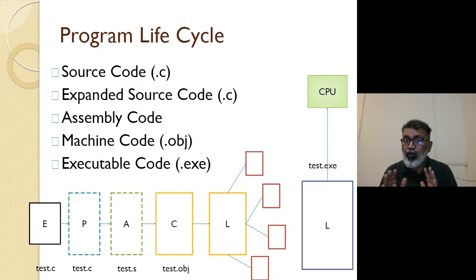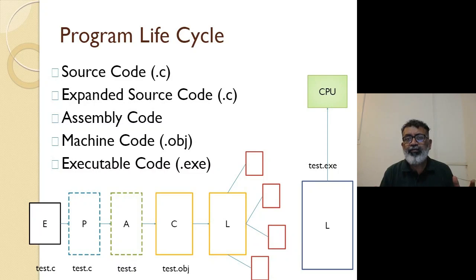Prototypes, not the code of printf or the code of scanf, because these are hidden by the library developers, right? Because it is proprietary, it is their knowledge, it is their copyright. So they are not going to reveal it to you.